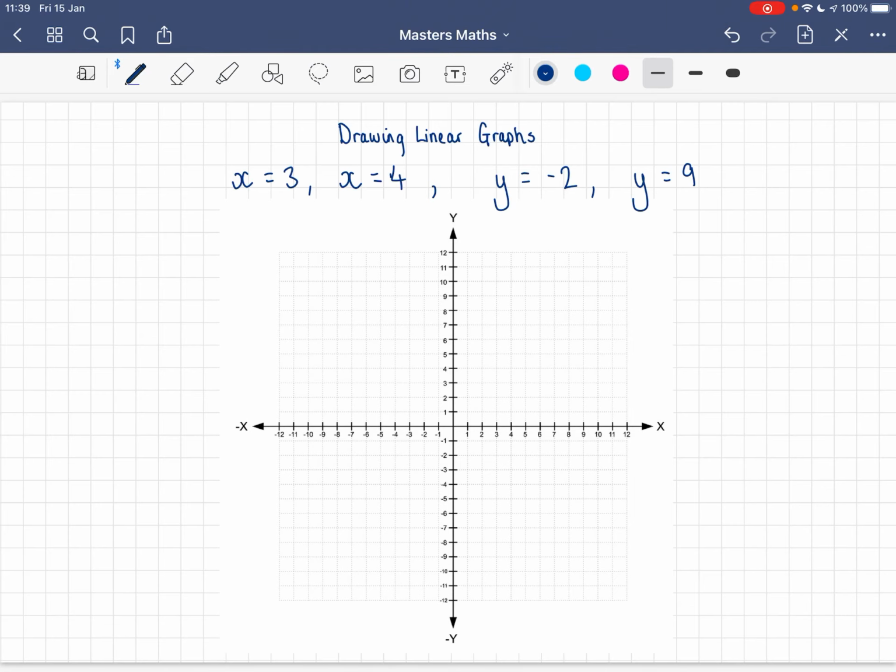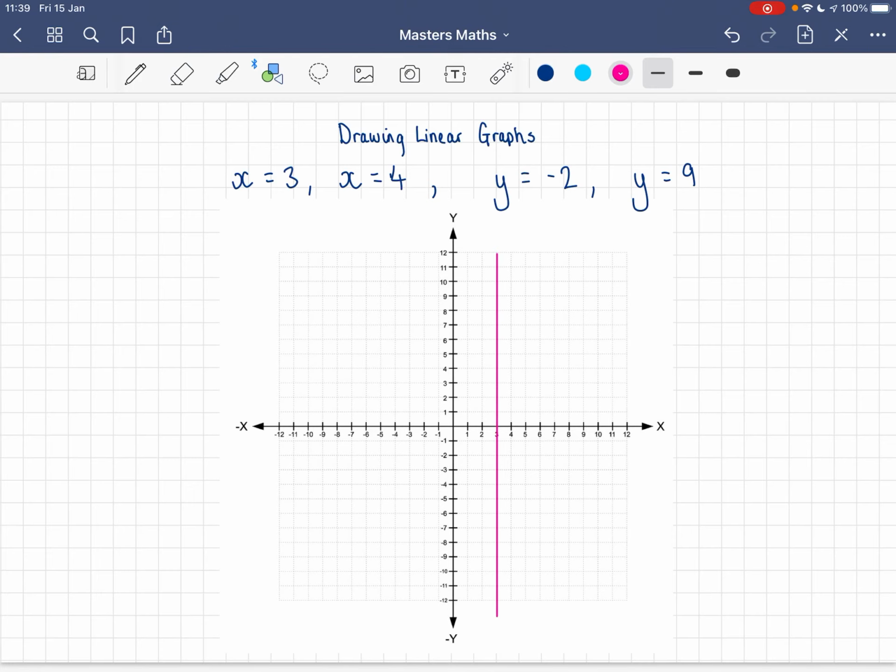So we've got x equals 3 as our first line that we're going to draw. That means the x coordinate of every point on that line is 3. So the only place where that would happen is the vertical line that goes through the 3 on the x-axis. So 3 is here, and we are looking at the vertical line that goes directly through 3.